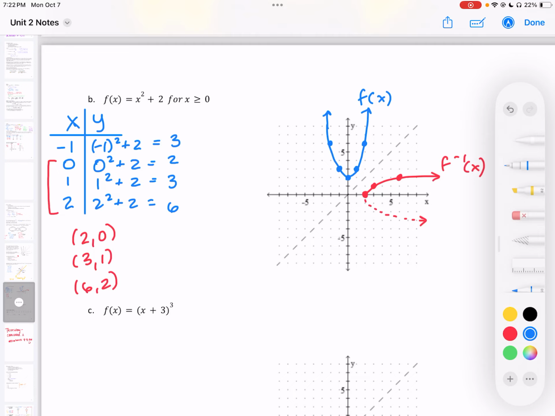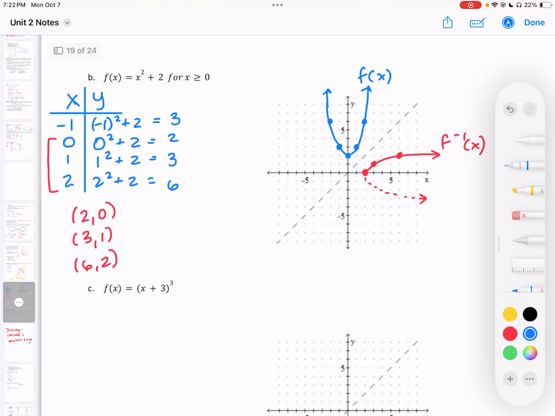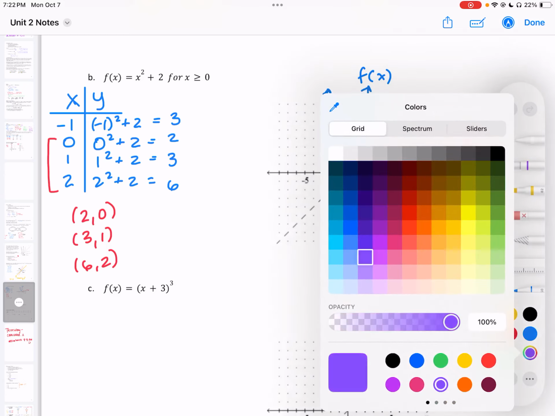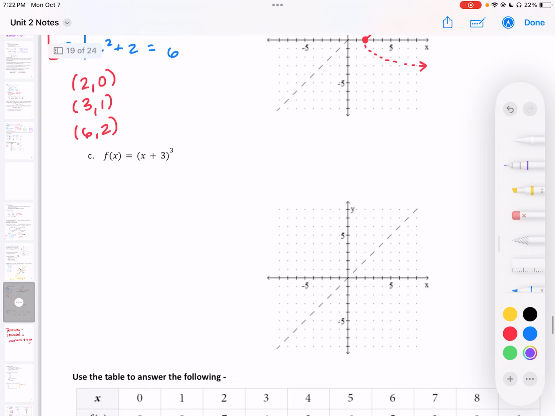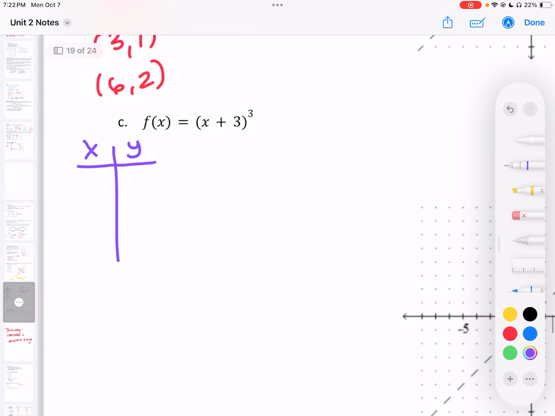Okay, let's do this last graph here. I will graph the original in purple. We can again make a table of values. So I will just go ahead and plug in some different points. I'm going to pick strategic points so that I know that it's graphable.